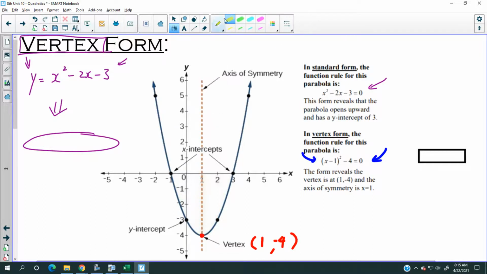If we're looking for the vertex, by looking at this vertex form, can you see in what ways we can tell, simply by looking at this formula? I'll repeat the question: just by looking at this formula in vertex form, can you tell me what the vertex is, what the clues will be? Look at it, examine it very closely. Yeah, look, right here.